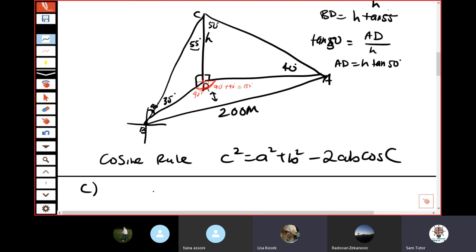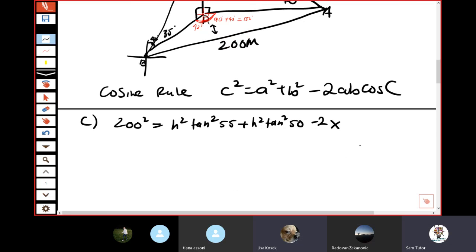Now all you're going to write is 200 squared equals A squared, which we'll just pick this one, doesn't really matter, H squared tan squared 55 plus H squared tan squared 50, minus 2 times H tan 55 times H tan 50 times cos 132. I'm just going to stop there.